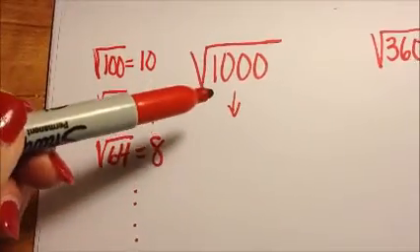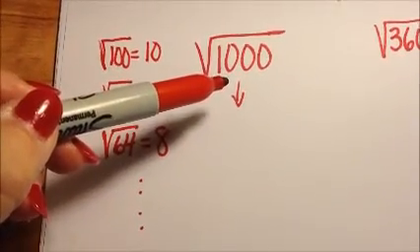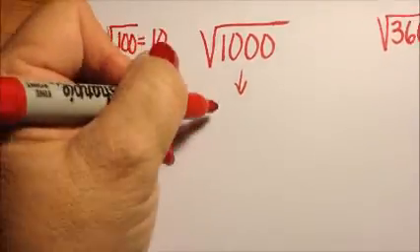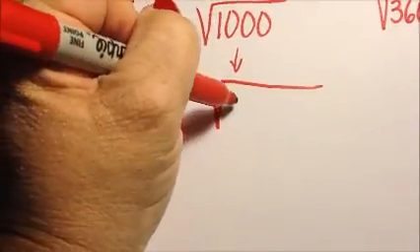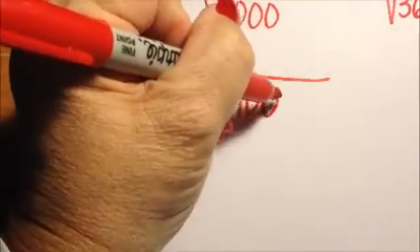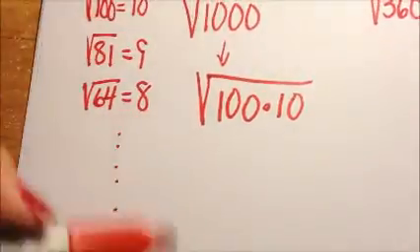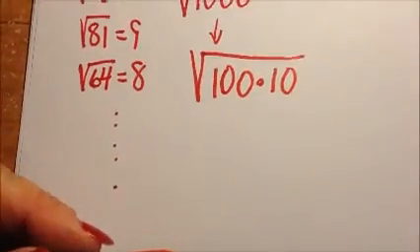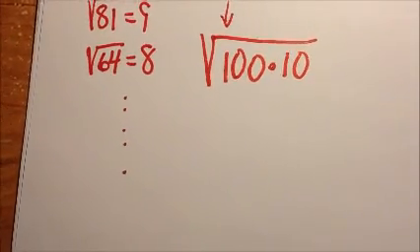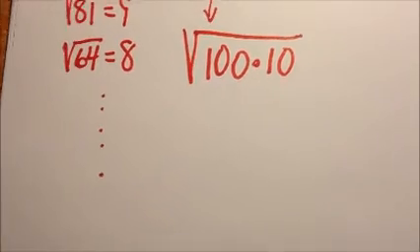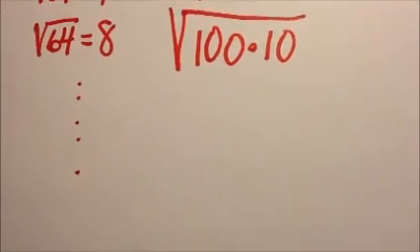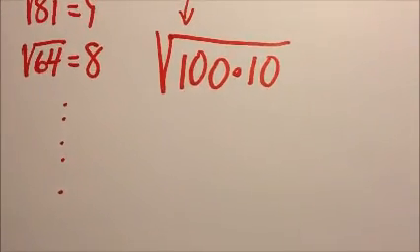So what I want to do is break this number down into something I can take the square root of. So I'm going to rewrite this 1,000 as 100 times 10. Now, I may do this a little bit differently than instructors you might have had in the past, but if you do it my way, I promise you won't make a mistake.